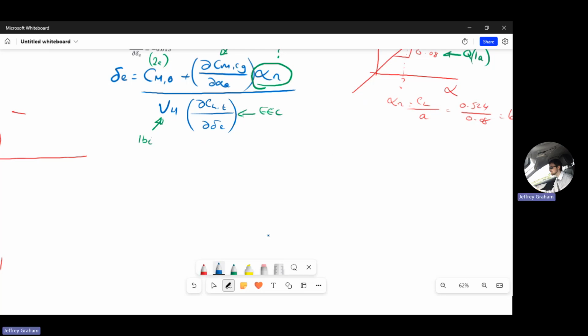Right, what I'm going to do, plug all those numbers in, and we will get our elevator deflection. Same old 0.06 straight from the question of trim graph.